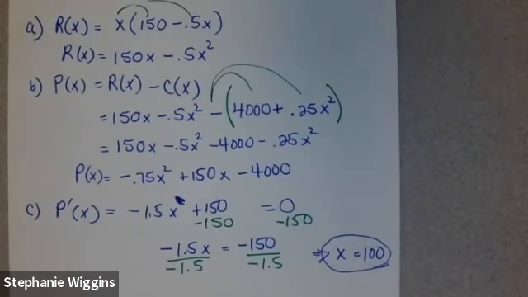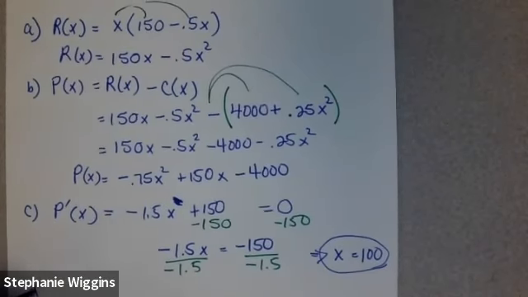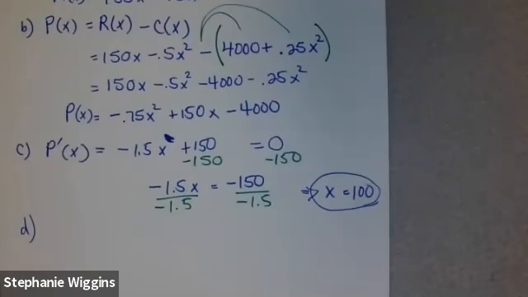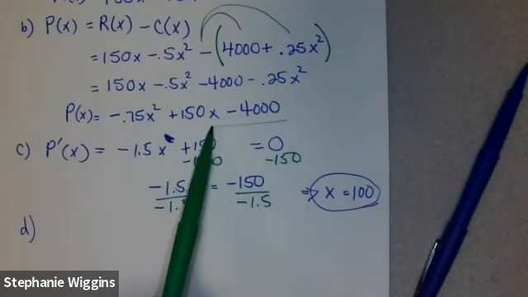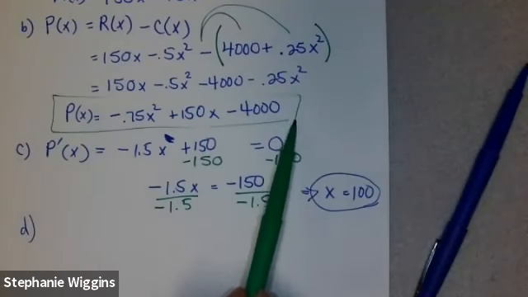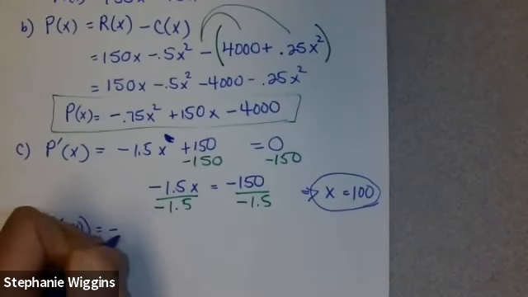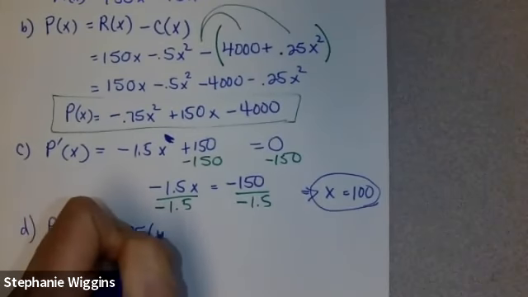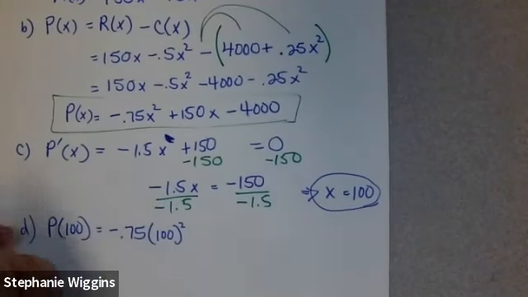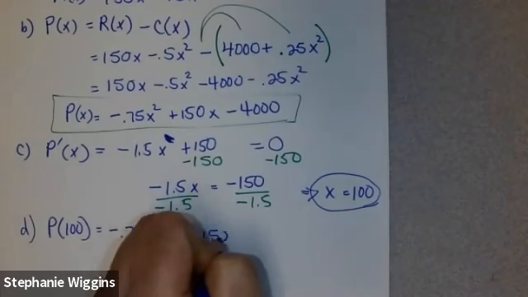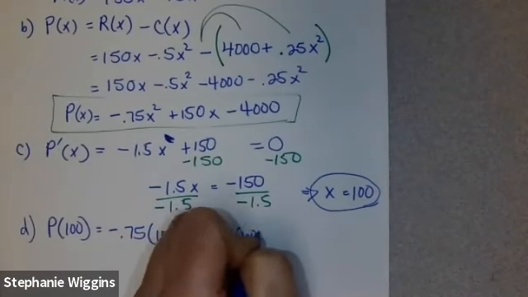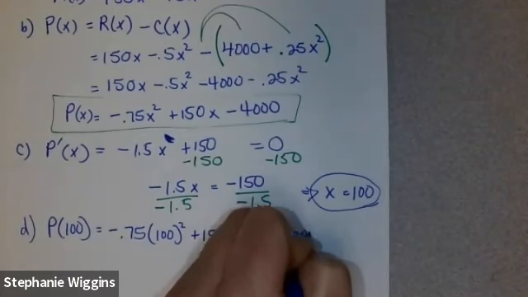Now the question is, what is that profit? Well, you just have to take that 100 and plug it into your profit function to find the profit. And here is the profit function. So I get P of 100 equals negative 0.75 times 100 squared plus 150 times 100 minus 4,000.